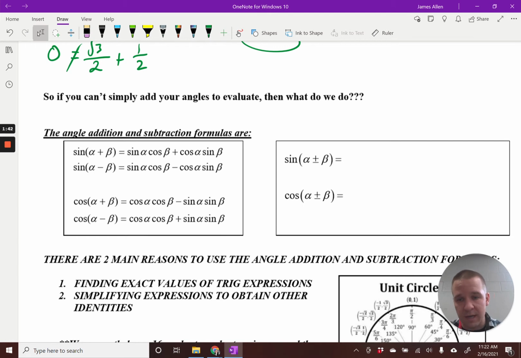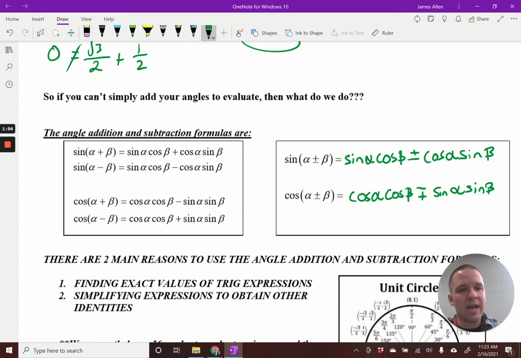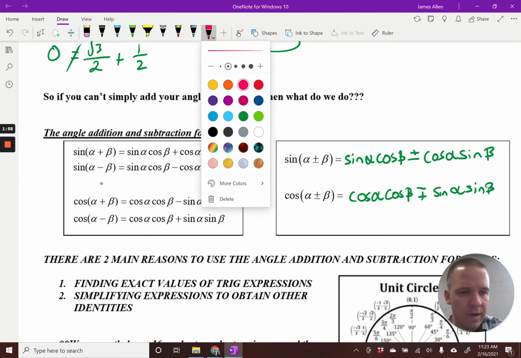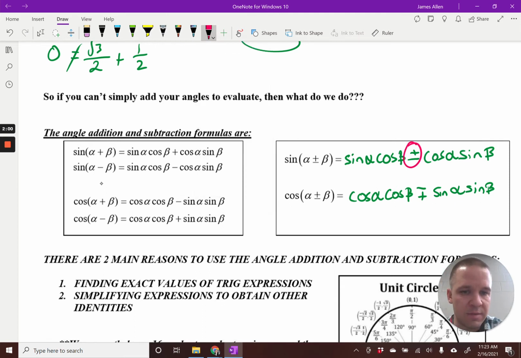For cosine, we have cosine of alpha cosine of beta, and then it's minus when it's the sum formula, sine of alpha sine of beta, and vice versa. Now, we can also write these as a combo, with plus-minus, and then minus-plus, because the sign changes for the second one, okay?